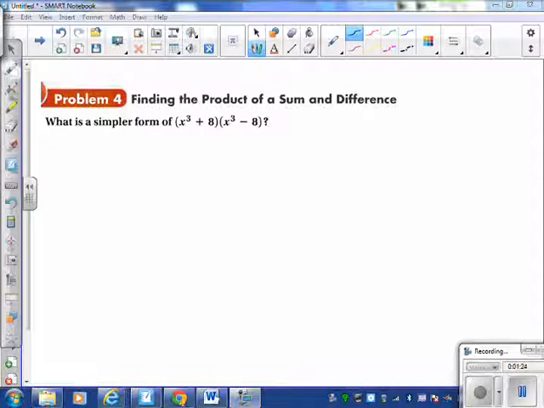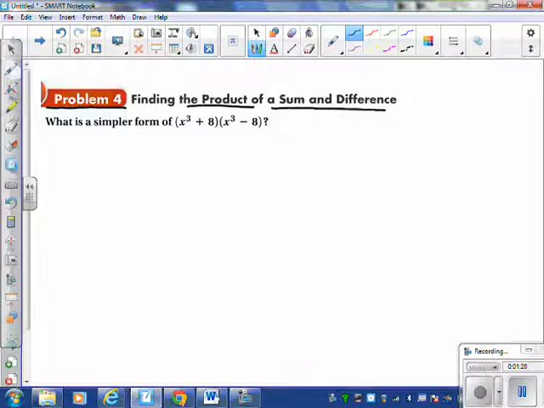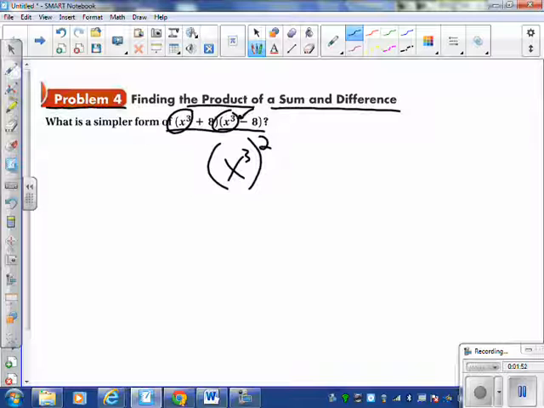Let's take a look at problem number 4. Again, finding the product of the sum and difference. Using the key concept we just went over, we're going to take x to the third power plus 8, and then x to the third power minus 8. With this problem, we're going to take the x to the third power, and we're going to square that, bring down the minus sign, and then we're going to square 8.